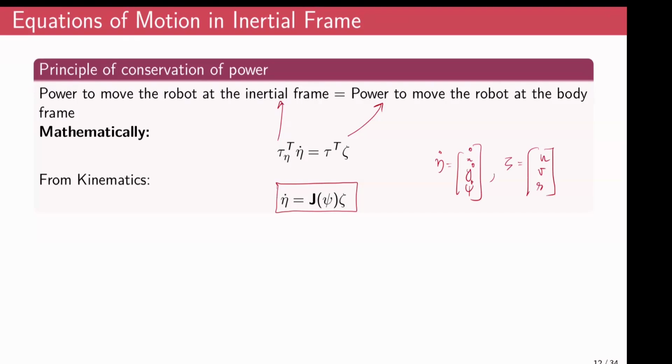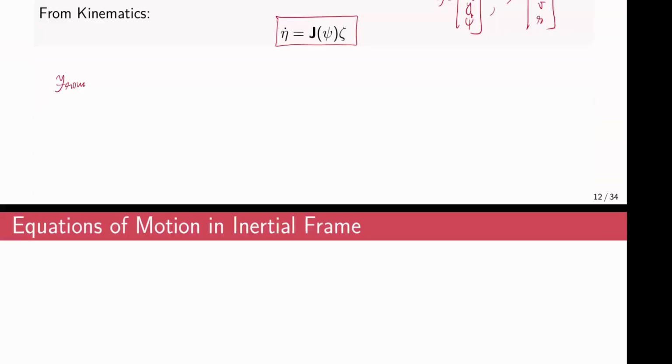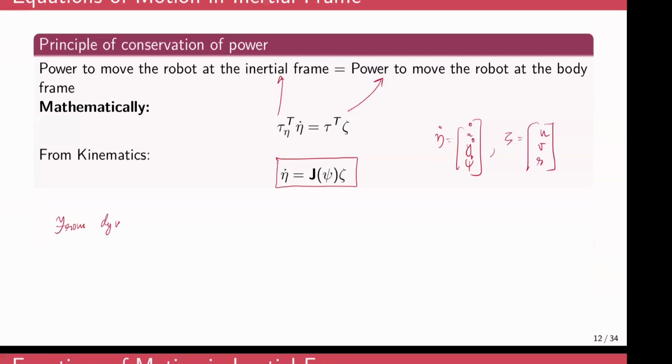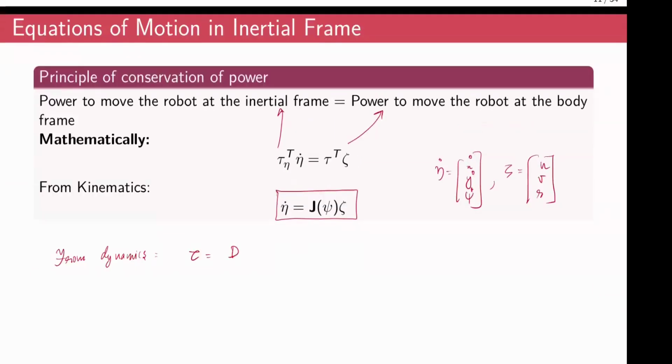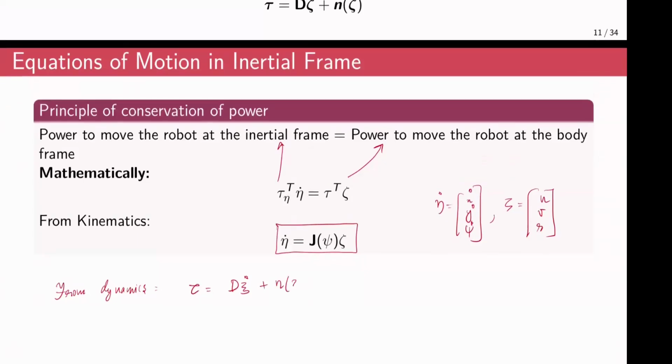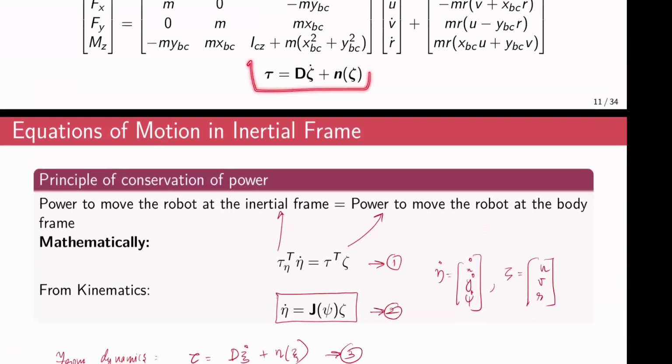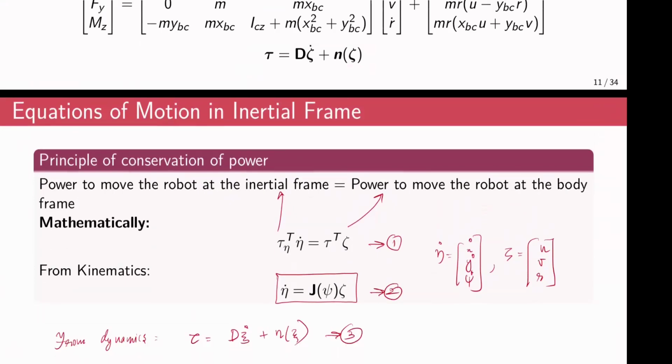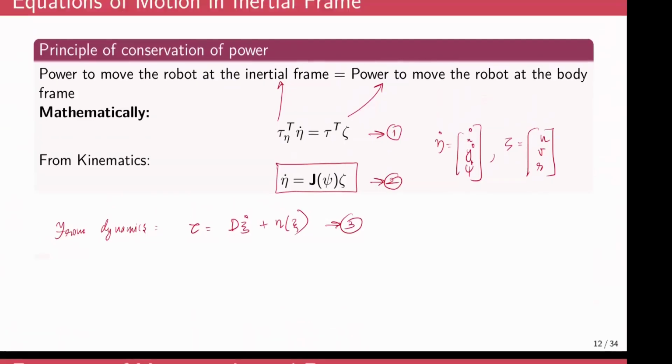We also have from dynamics, what we have just derived, the torque tau as D multiplied by zeta dot plus N of zeta. I'll call this equation 1, this equation 2, and this equation 3, because equation 3 is what we derived earlier from the Newton-Euler formulation or the Euler-Lagrange formulation.